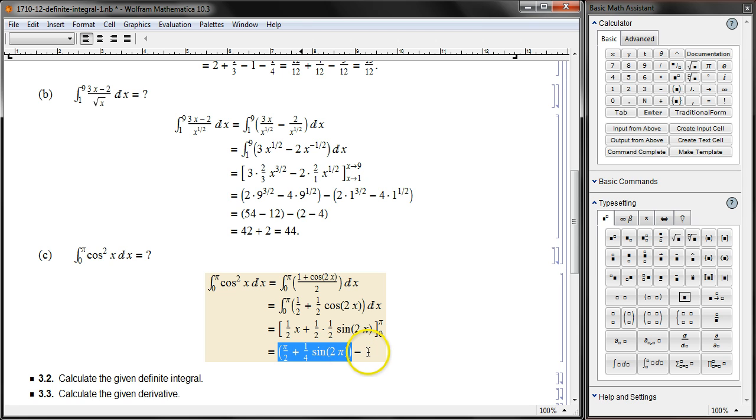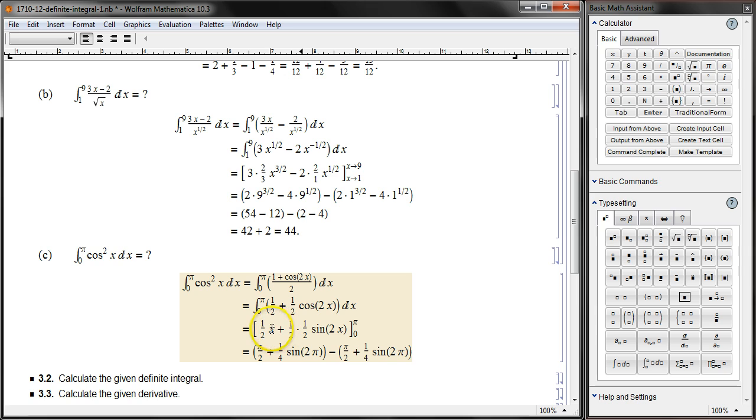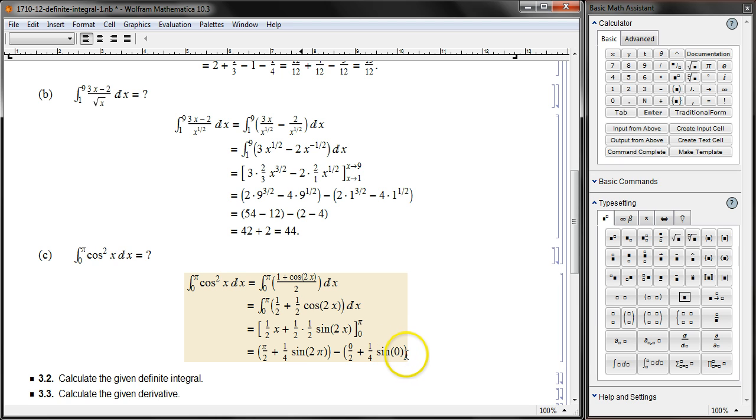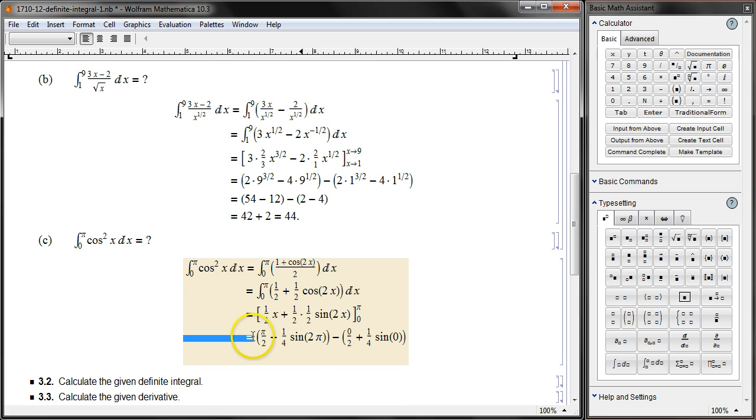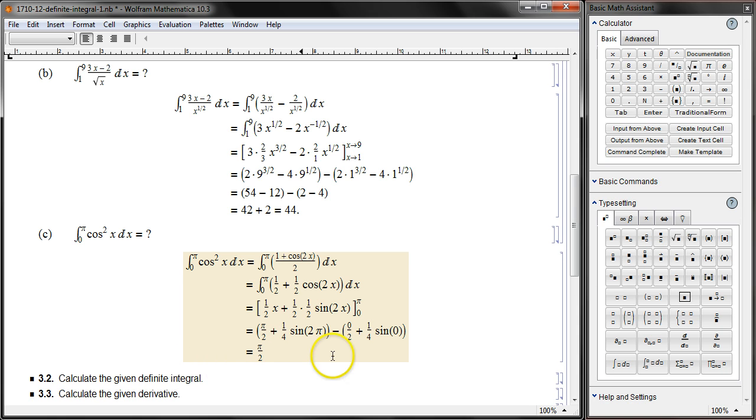Oh, that's even easier. x equals 0, so this is 0 over 2, that's 0. And then we have sine of 0 here, that is 0. So what do we get? We get pi over 2 plus 0 minus 0, another plus 0, all gone, and that's going to be the final answer here.